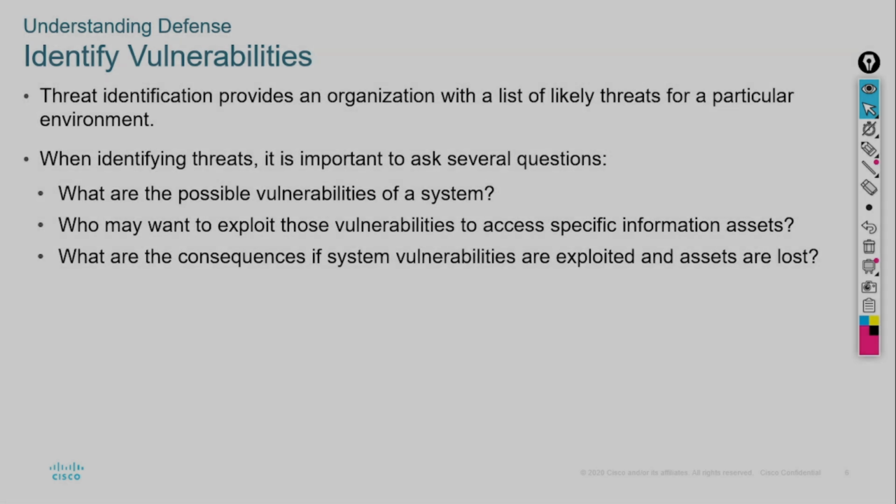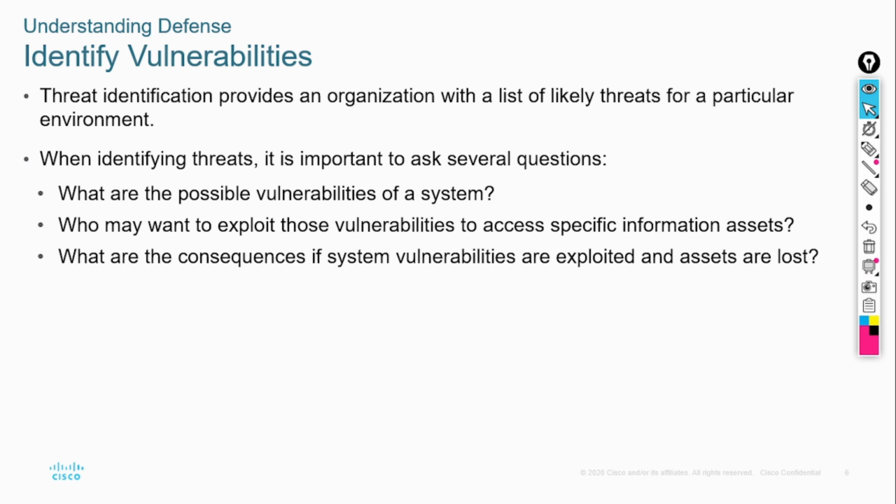And number three, you want to also do an impact analysis, a business impact analysis. You want to know the impact of the threat, the cost of the attack on the assets.